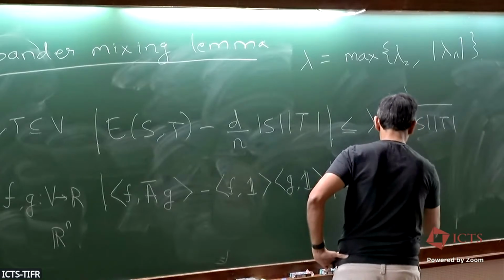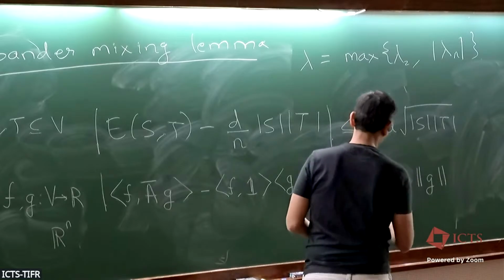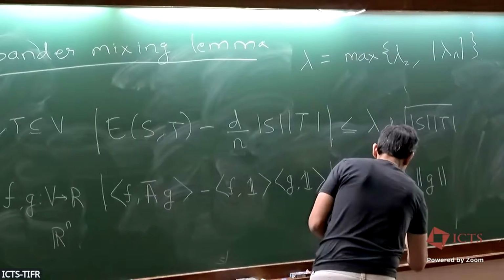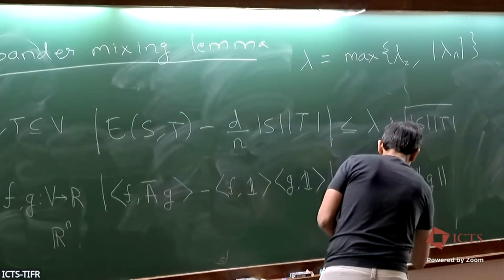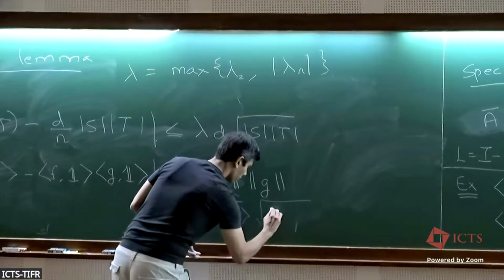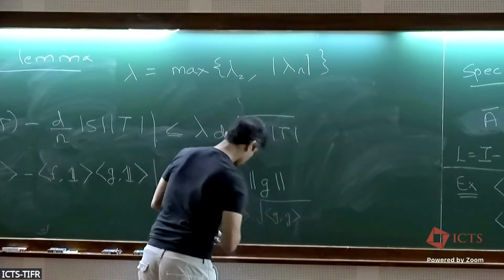Let's clarify what this means: the norm of f, for any inner product, we can define as the square root of the inner product of f with itself, and likewise for g. Okay.